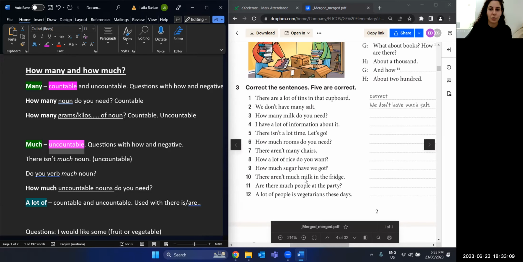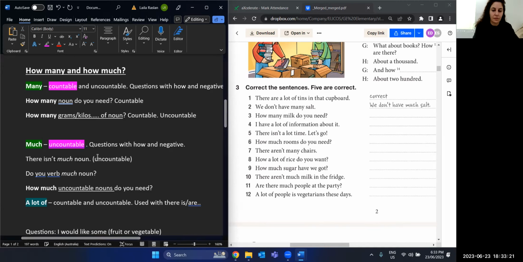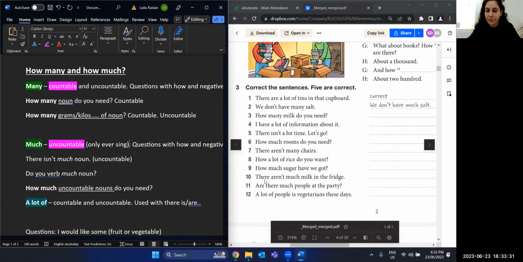There aren't, well, milk is uncountable, but we always use it in the singular. So not, there aren't, but there, how do I make it singular? Because, yeah, because we only use the uncountable in singular.